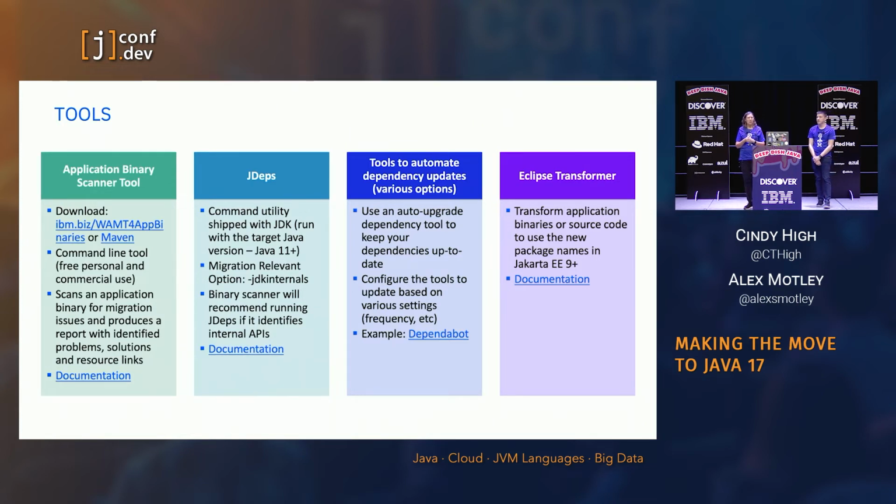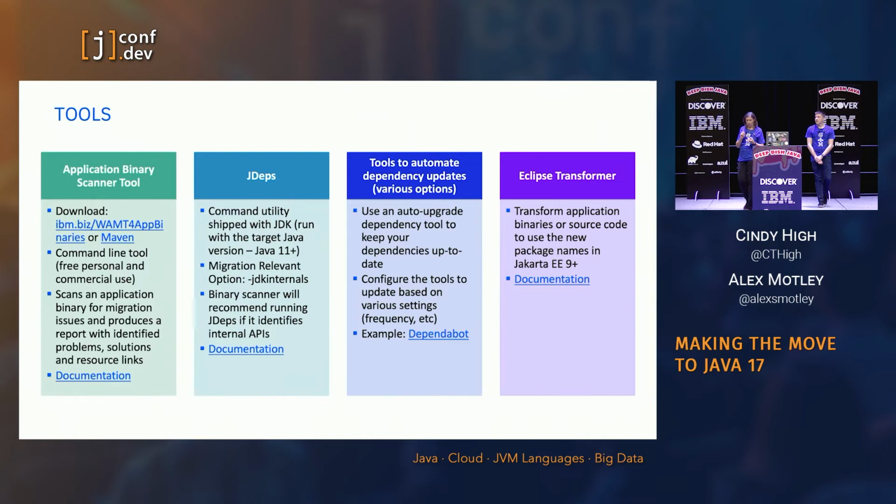And then the last one is for Java EE: the Eclipse Transformer. We talked about the Jakarta libraries that are coming in for Jakarta 9, Jakarta 10, follow-ons from Java EE. There is an open source Eclipse Transformer tool that will convert your application, and it's cool.